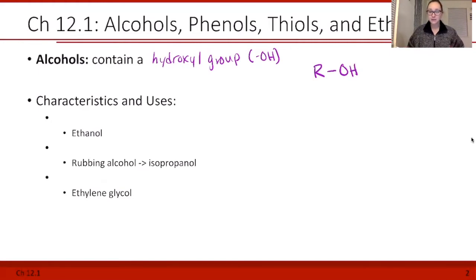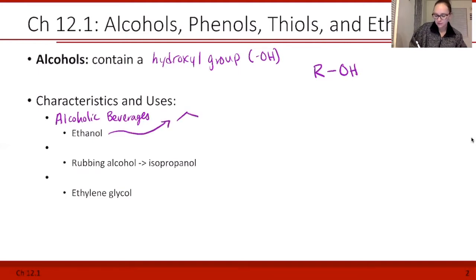Characteristics and uses of alcohols. The first one is things such as alcoholic beverages. And this is like ethanol. This is what ethanol is used for.